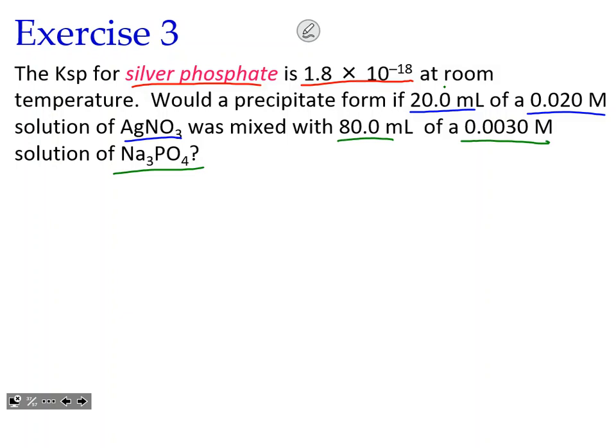So let's set this up and get the visual here of what's going on before we dive into the Ksp calculations. We have two beakers here. We have the silver nitrate beaker.